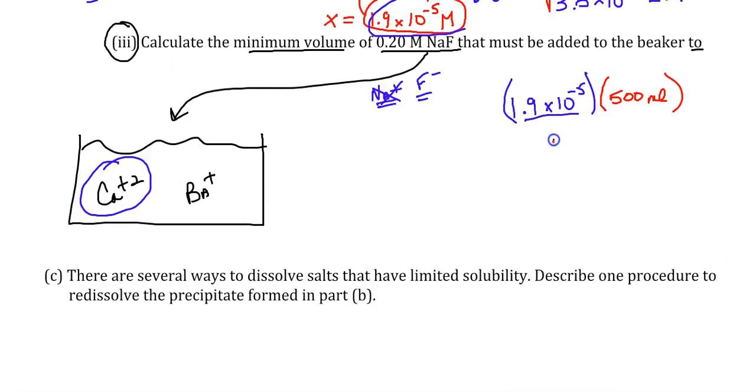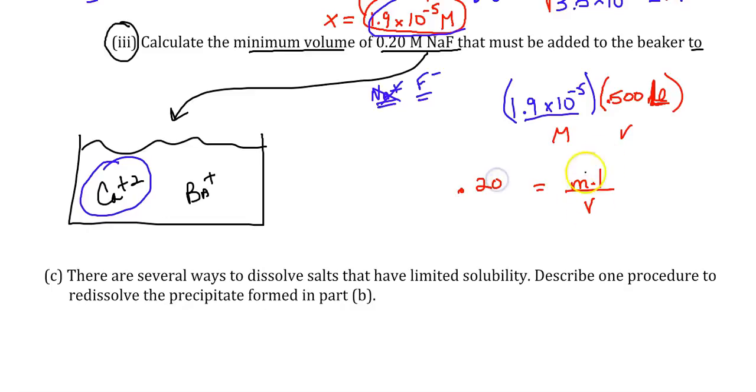So we have a molarity and a volume, which would give me the total moles added. So I could take this number times 0.50 liters, because I know that molarity times volume would give me moles. And then I would take that mole and solve for the volume I'd have to have if the molarity of my initial compound was 0.2.